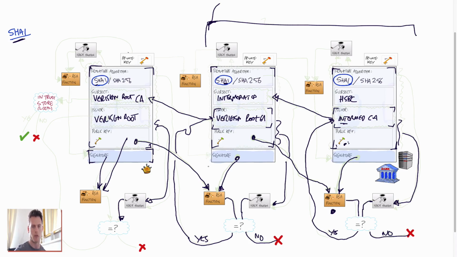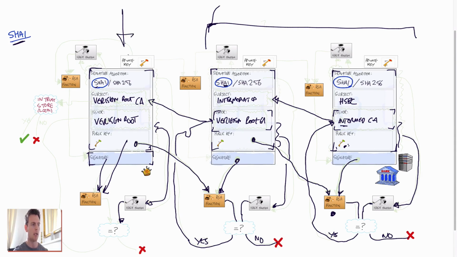this validation of the intermediate certificate was done using the parent's public key. But because the root certificate is self-signed, it means that it signed its own certificate using its own private key. So to validate the signature, you just use the same public key within the certificate.